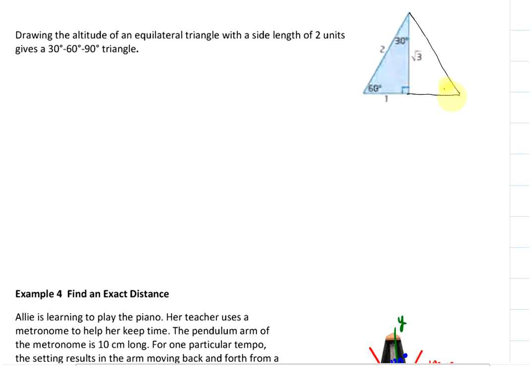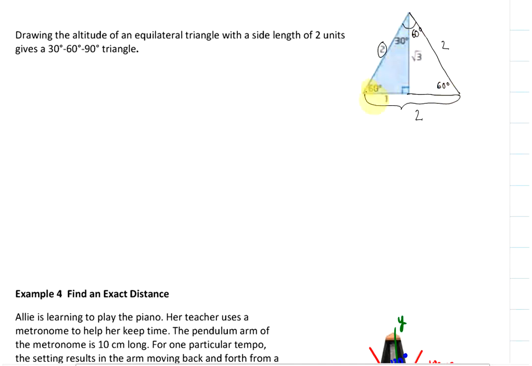And remember, equilateral means that all of your sides are the same. And because we have a side of 2 on this triangle, we have a side of 2 here and a side of 2 here. And remember, in an equilateral triangle, all of your angles are 60 degrees.